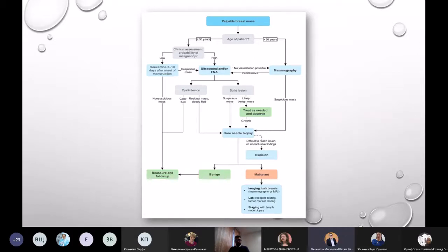What we must see there: if we see a cystic lesion with clear fluid, just reassure and follow up. And if we find a residual mass with bloody fluid, take a core needle biopsy. The core needle biopsy might be benign or malignant, and I'll talk about it after that.